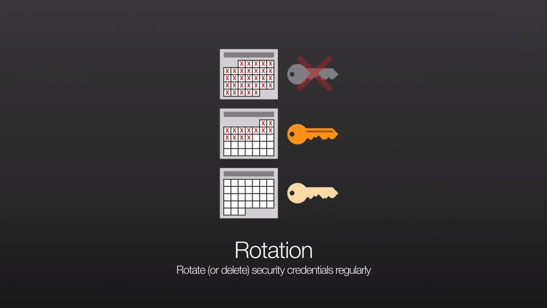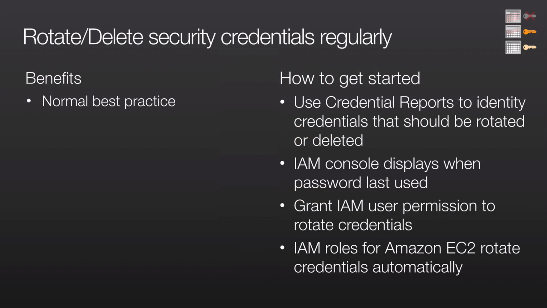Credential rotation or deletion. Obviously, it's normal best practice to delete or rotate credentials, delete those that aren't in use and rotate credentials that are in use. And you can use credential reports within IAM to identify credentials that should be rotated or deleted. For example, identifying credentials that haven't been used for an extended period of time makes them good candidates for deletion.